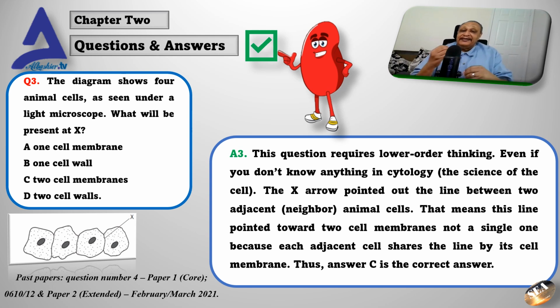Thus, answer C is the correct answer. Because it is not 1 cell membrane, it should be 2. Because it is an animal cell, it is not a cell wall, and not 2 cell walls. So the correct answer is C, which is 2 cell membranes.